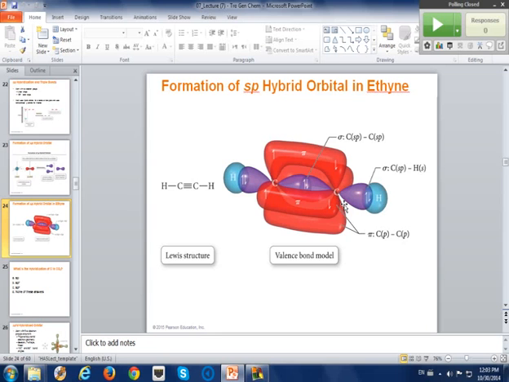And these two overlapping 2py and 2pz form pi bonds.